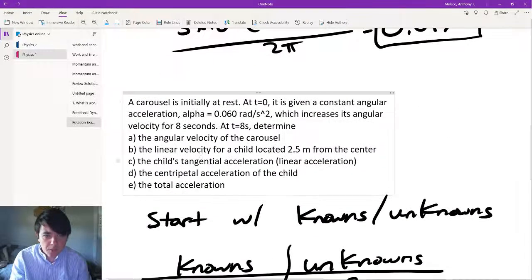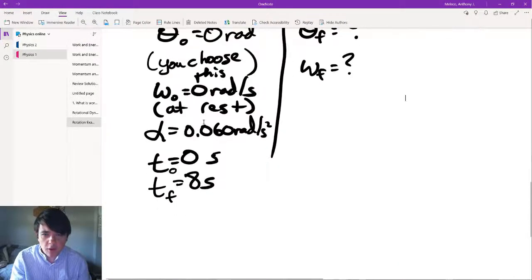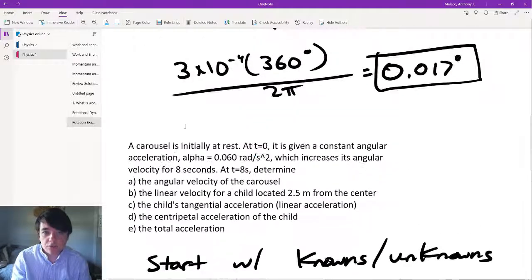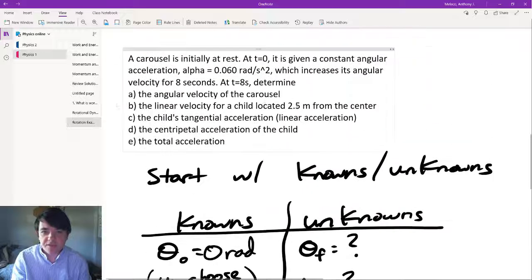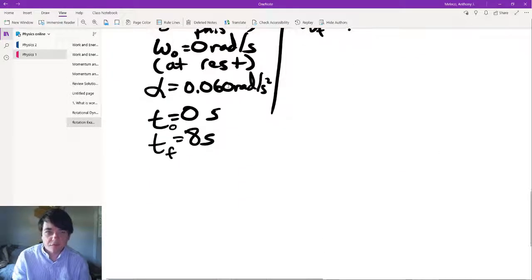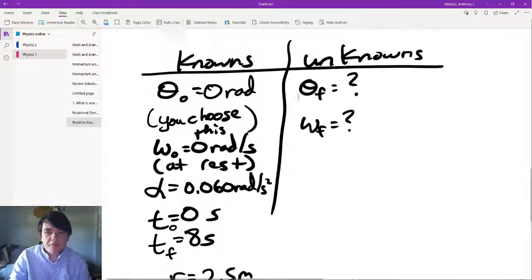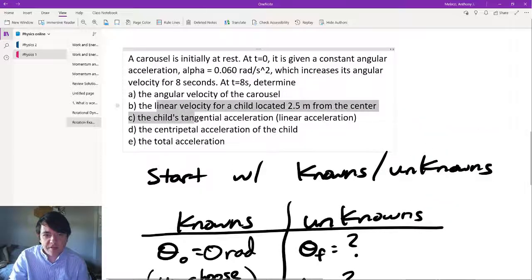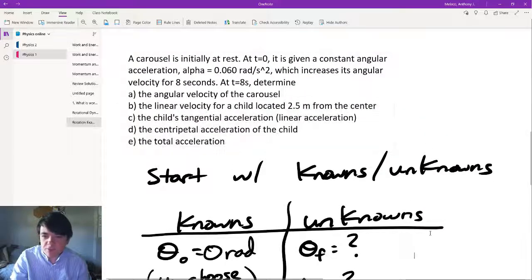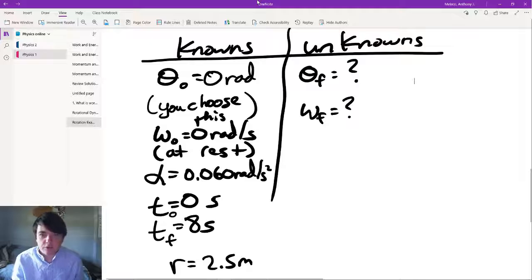But anyway, I'm looking at this. We've done all our angular terms. Now we should do linear terms because it's asking for them. So the first linear term that's mentioned here is the radius, 2.5 meters from center. That's what that represents, is the radius. And from here, the stuff it wants, linear velocity, tangential acceleration, basically all the types of linear terms it could ask for.